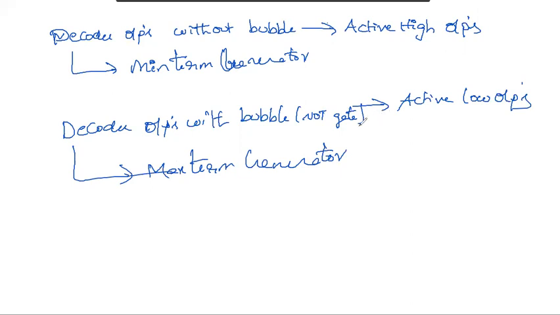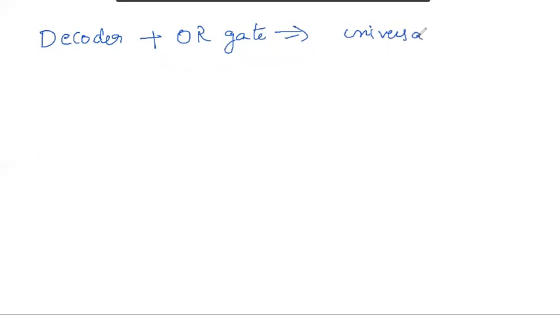So if you have maxterms and minterms, we can design any circuit, right? So decoder plus OR gate is called a universal circuit. Okay, you can implement any circuit using this one, decoder plus OR gate.